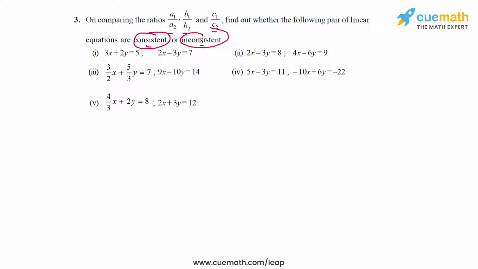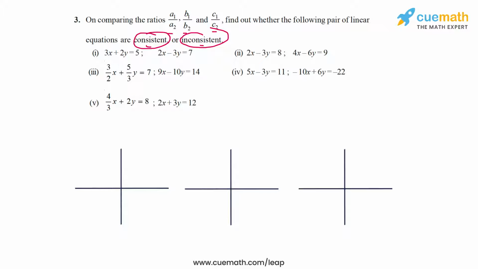Now, what does this mean in terms of the coefficients of the pair of linear equations? So let's go over the possibilities one by one. There are actually three possibilities, just like we saw in the previous question.